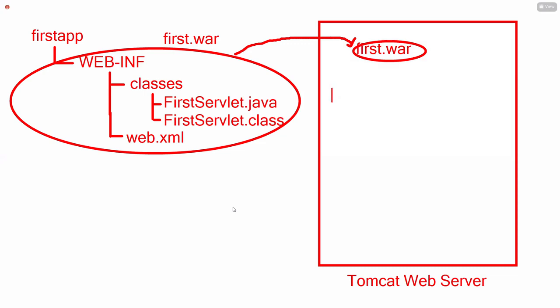Whatever the file name is, a folder with that name only is created. In that, a WEB-INF folder and a META-INF folder are created. The META-INF folder is server information you don't require. A MANIFEST.MF file is created, which records the software we used. So in future, if you open that war file, it will also show which software version you used for writing that program. That information is added automatically.